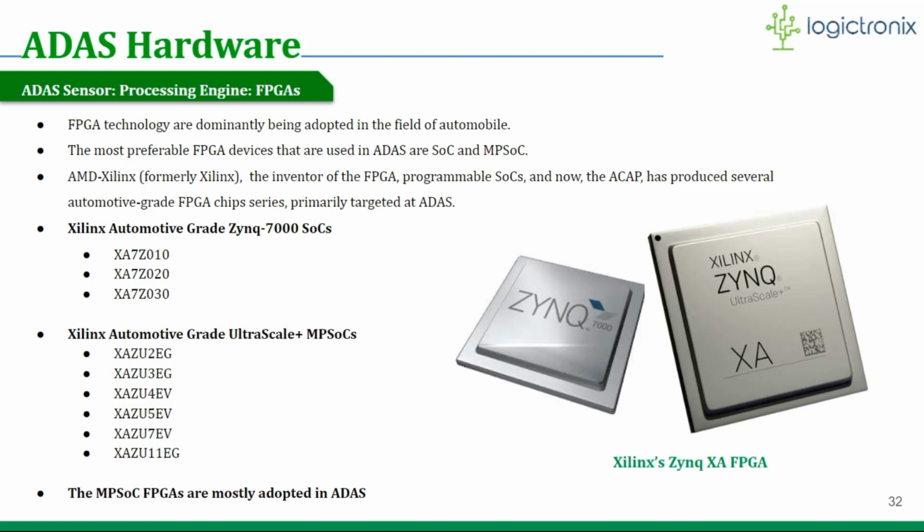They are the Xilinx automotive grade Zynq 7000 SoCs and the Xilinx automotive grade UltraScale+ MPSoCs. The MPSoC FPGAs have huge capabilities for data handling and data processing for ADAS.